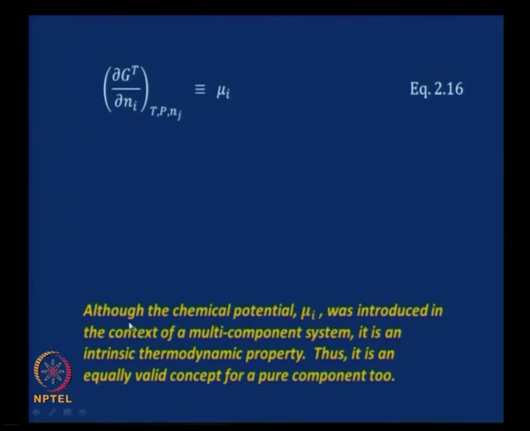The chemical potential itself is an intrinsic quantity for a particular system, and therefore whether the system is multicomponent or single component or whatever other combinations you may have, the concept of chemical potential is still valid for any system that you take. To put it a little more formally, although the chemical potential μ_i was introduced in the context of a multicomponent system, it is an intrinsic thermodynamic property, thus it is an equally valid concept for a pure component also.